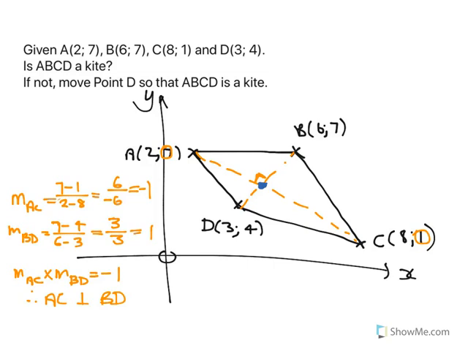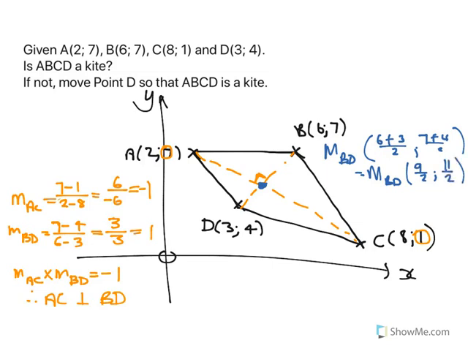So how we could go about doing that, this is a bit advanced, is we could say, well, the midpoint of BD is (6 plus 3) over 2 and (7 plus 4) over 2, which is 9 over 2, and the y coordinate is 11 over 2, right?